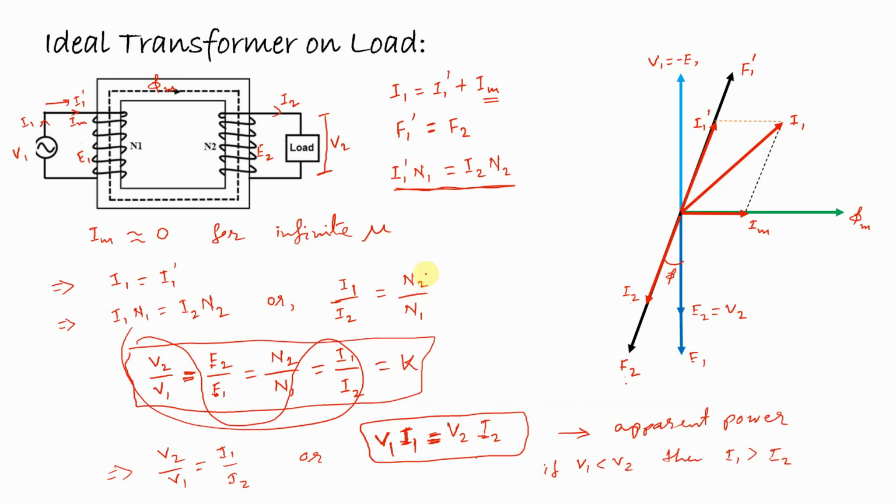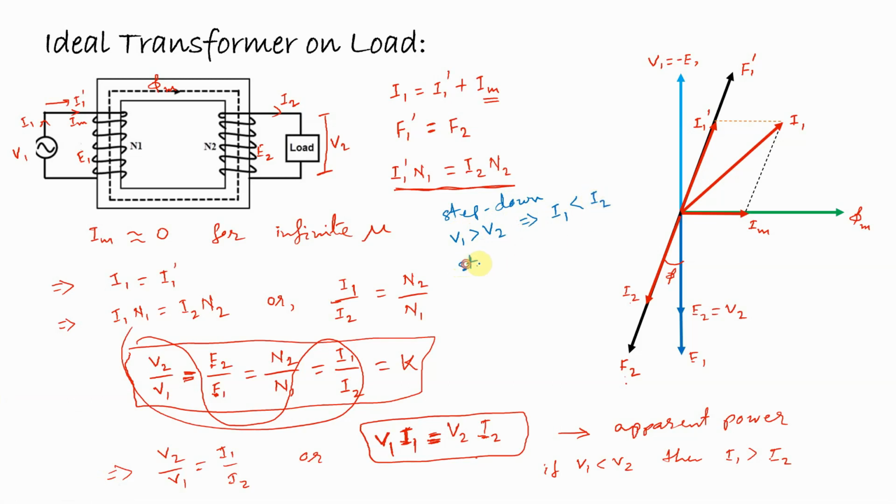So for a step down transformer, when the primary voltage is more than the secondary voltage, V1 is greater than V2. It means the primary current will be less than the secondary current.